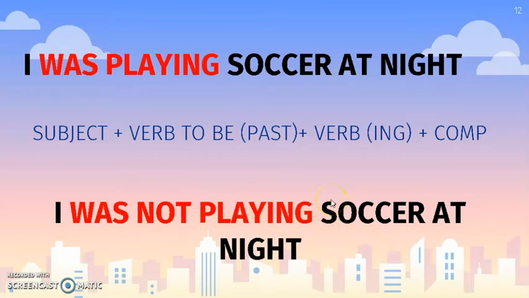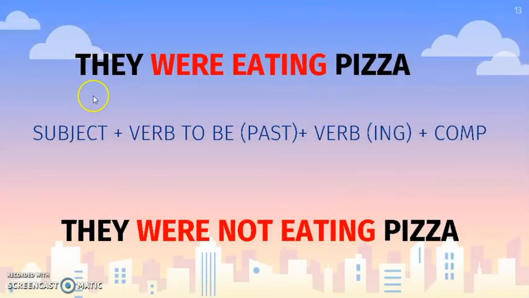Now, we are going to do an example, but with the verb to be in past in plural. So, they were eating pizza. They is the subject. Were is the verb to be in past, the plural. Eating, the verb ing. And pizza is the complement. The negative, of course, is they were not eating pizza or they weren't eating pizza.